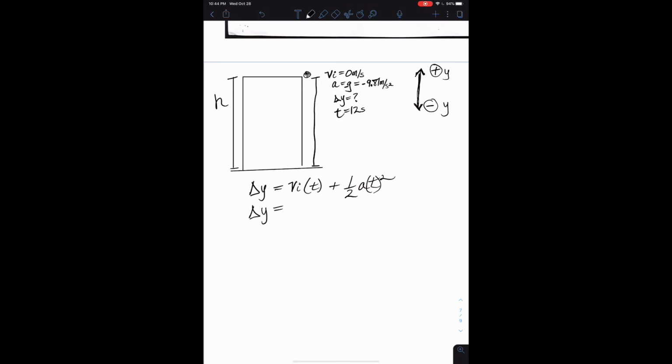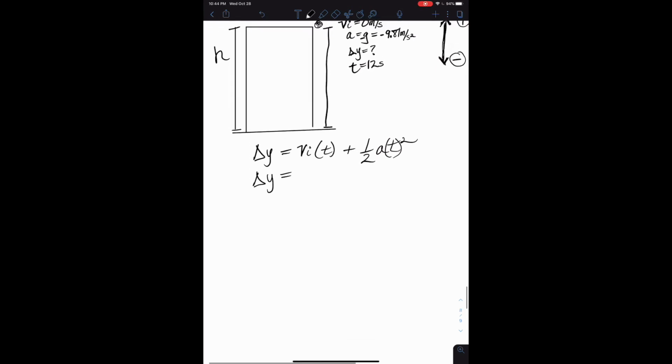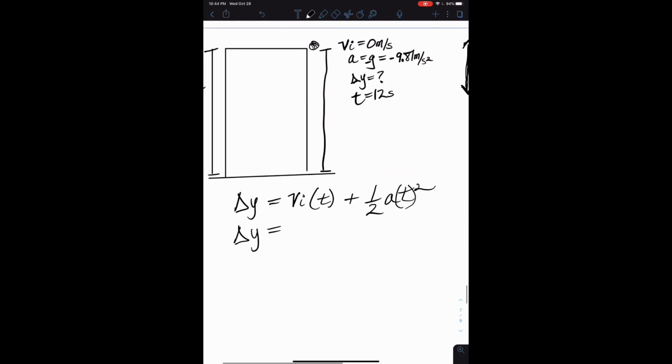We know the initial velocity of the orange is 0. The time it's in the air is 12 seconds. So I definitely think the orange would hit terminal velocity in 12 seconds, but these problems are simplified versions of what actually happens, so we don't worry about air resistance.